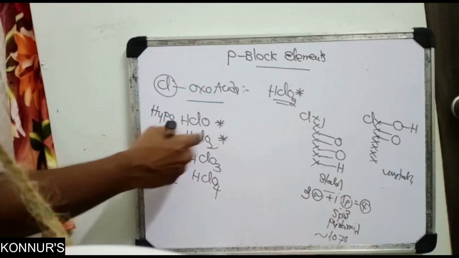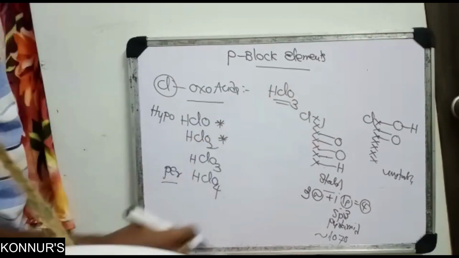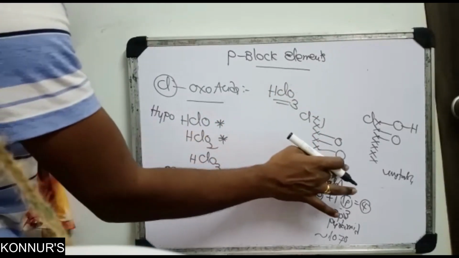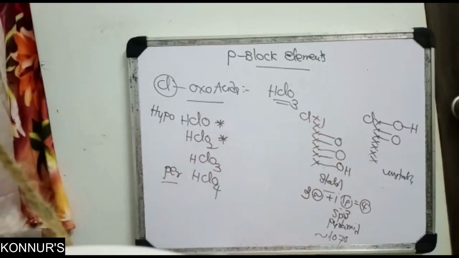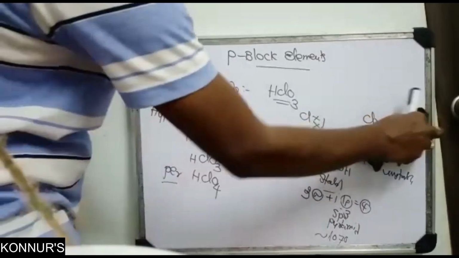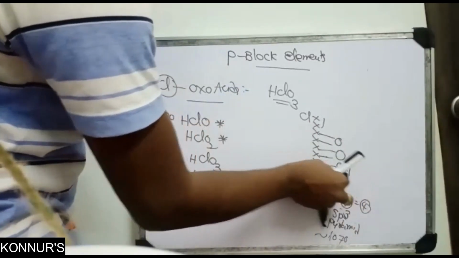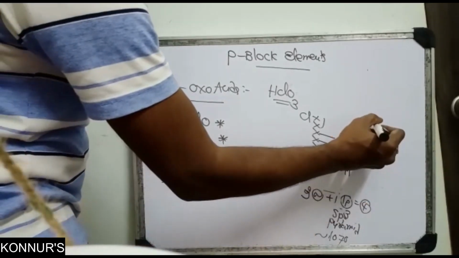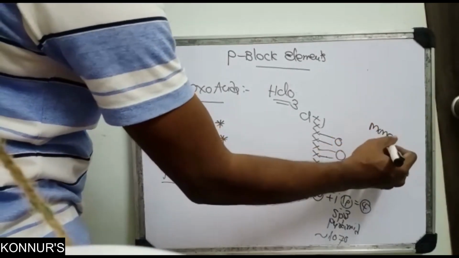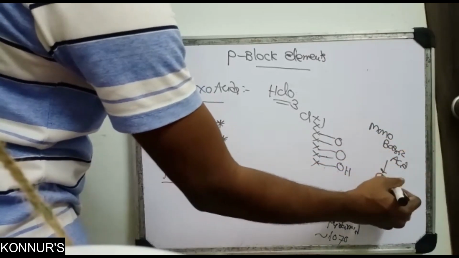Next, HClO3. This is ic acid, chloric acid. No hydrogen directly connected to the center, and only one structure is possible. So ic means only one structure is possible; ous means more than one structure. One OH is there, so that's why it is a monobasic acid. Monobasic acid means it gives one salt.